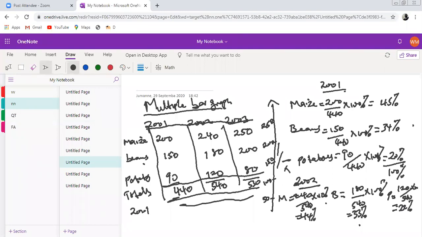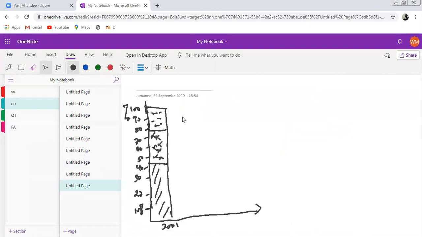So actually, without rounding off, they should be 100%. So you come again now and you do the same. You start with the maize 44, and then you add plus this one. So it is going to be like this. For 2002, you make sure again it goes up to 100%. So you start with the 44% somewhere there.